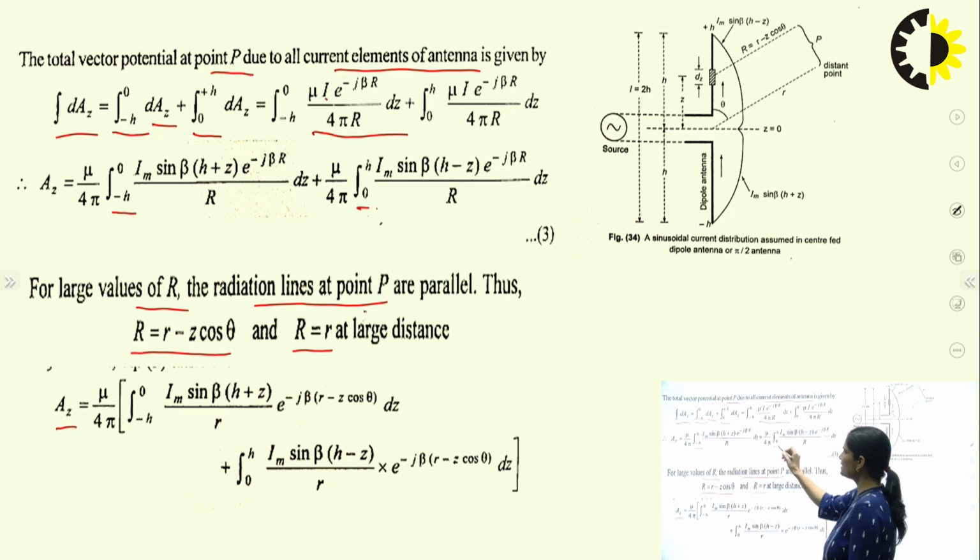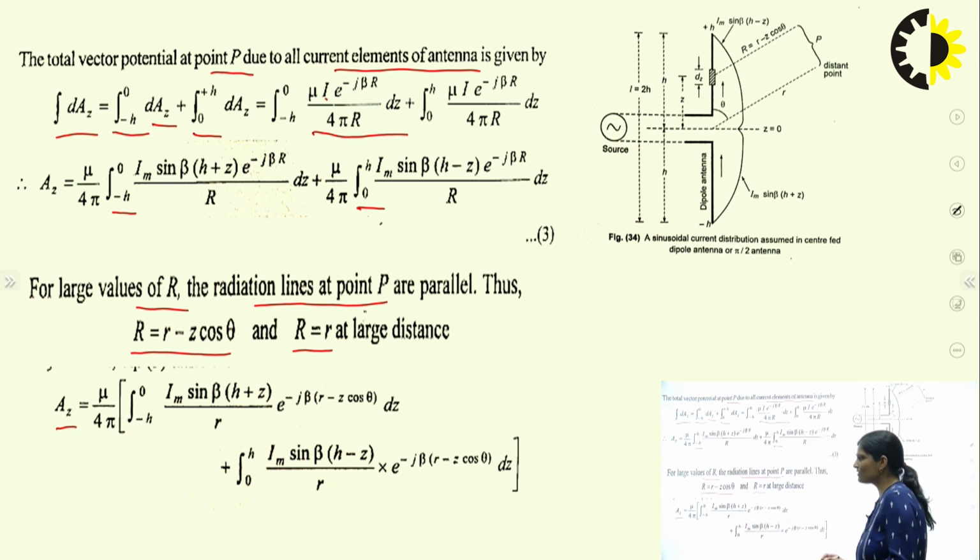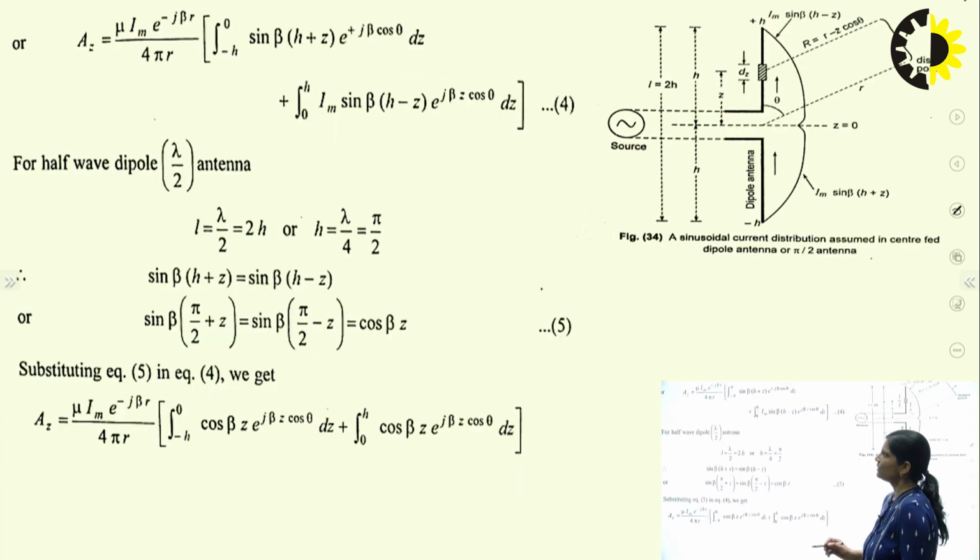Now here you are considering 0 to H, so you have to write the value I is equal to I m sin beta (H minus Z) e to the power minus j beta R dz. So while you are putting these values of capital R, you will get this equation Az is equal to this equation. So you can solve this equation and you will get the result.